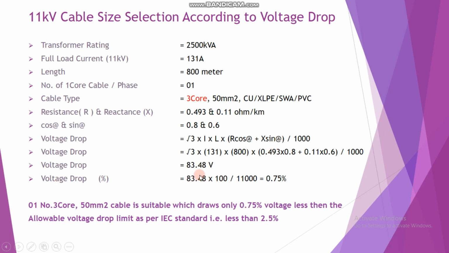So we're getting a voltage drop of 83.48 volts, and the voltage drop percentage is 0.75. So one run of 3-core 50 square cable is suitable, with a voltage drop less than the allowable limit as per the IEC standard, that is less than 2.5%.